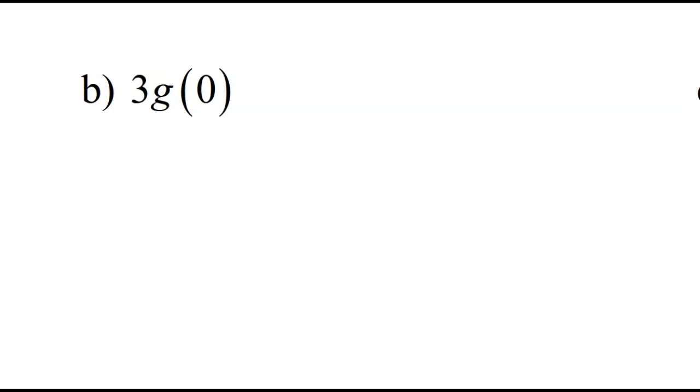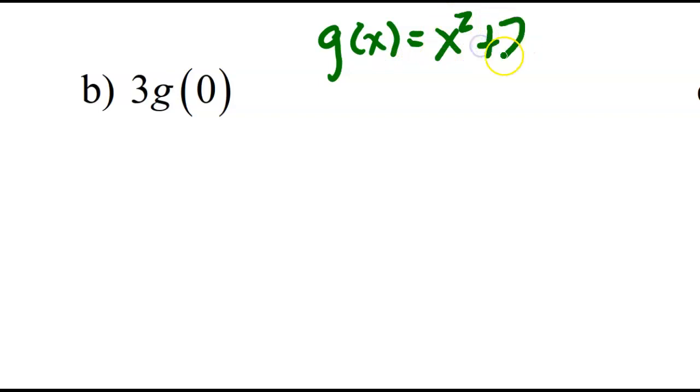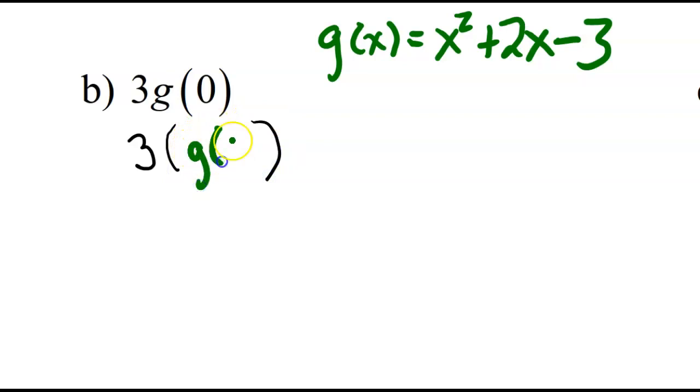So first of all, g at x is going to be x squared plus 2x minus 3. What I'm doing here is saying, okay, 3 is just a regular number, so 3 is my number, and I'm multiplying it by my g value.